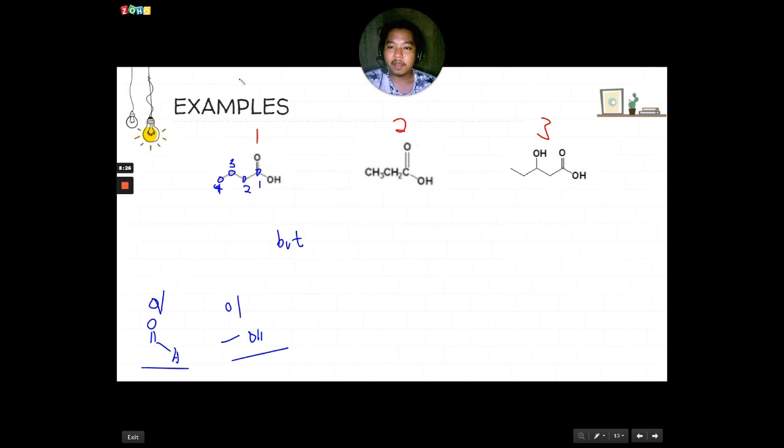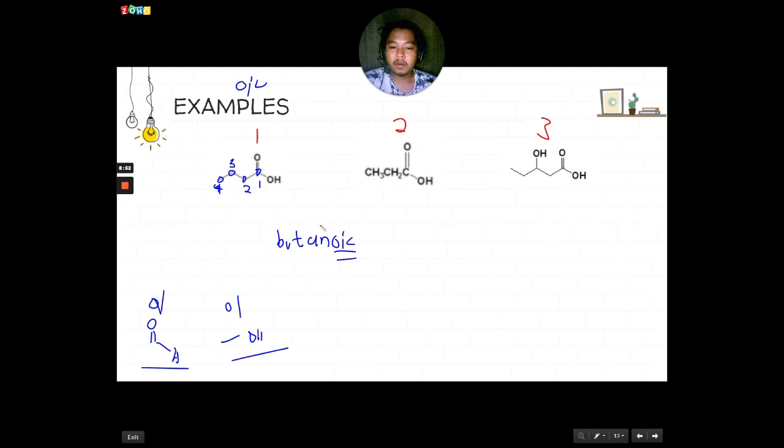We use the suffix, so take note of this, -oic, OIC, officer in charge. So this becomes butanoic acid. We drop the E and we add -oic. Supposedly, if this is just a hydrocarbon, this will become butane.